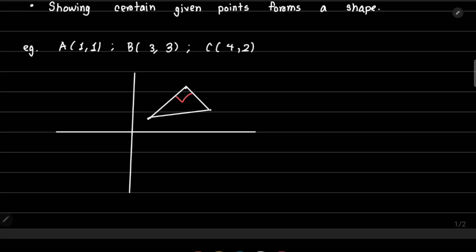When we have to show that there's a right angle, we have to multiply the gradients and show that it's equal to -1. So the gradient of AB would be y2 minus y1 over x2 minus x1. For this case, this is x2 y2 and this is x1 y1.